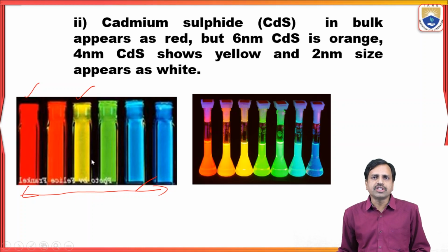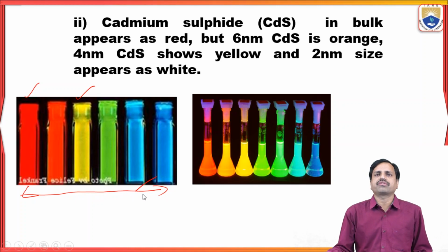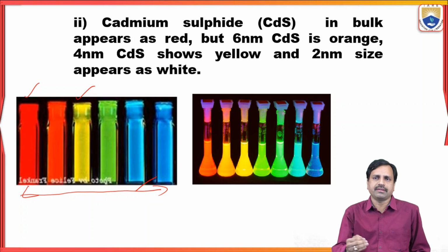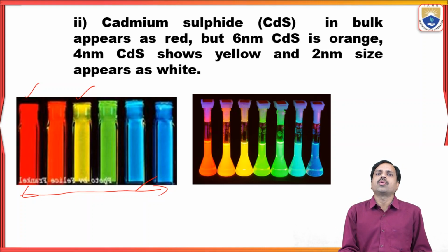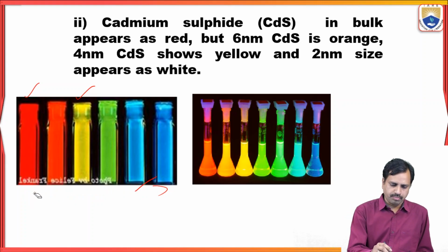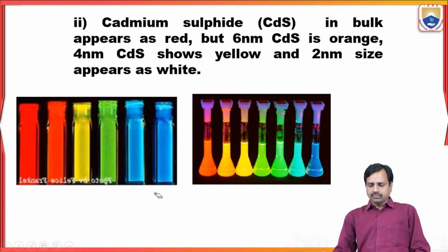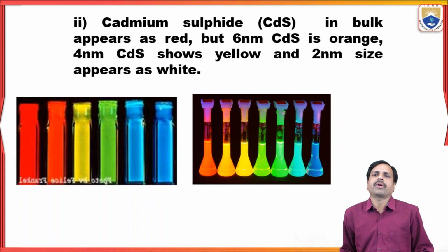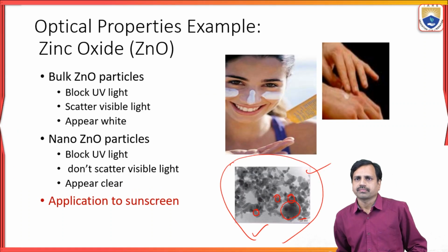So the energy of these particles also changes when they are brought down to a low nanomaterial size. This is also one of the properties that explains how the properties of a particle change when its size decreases.